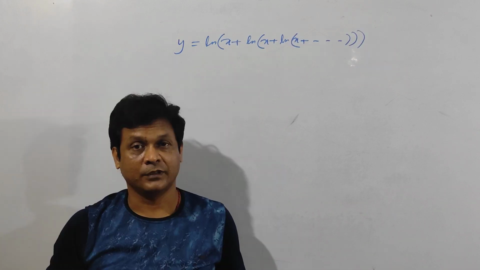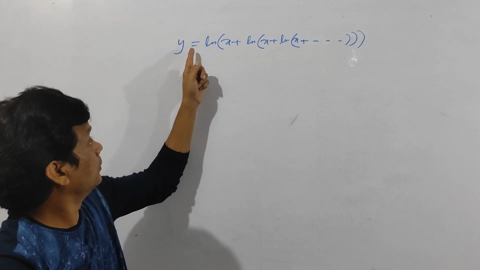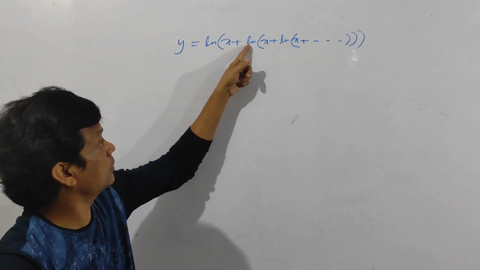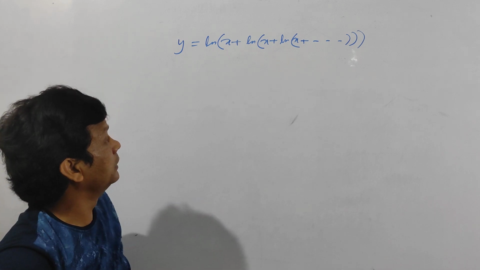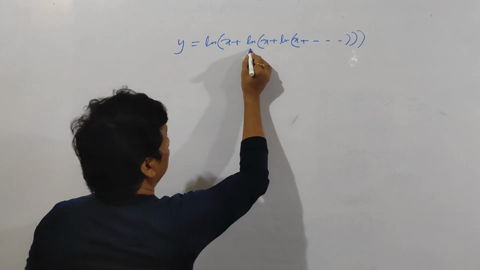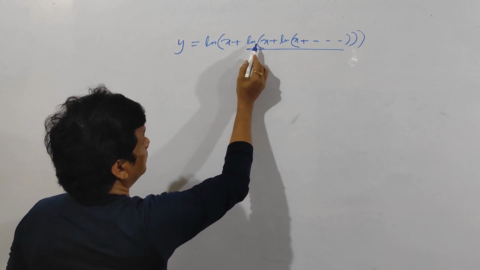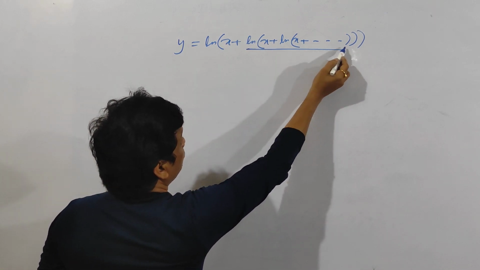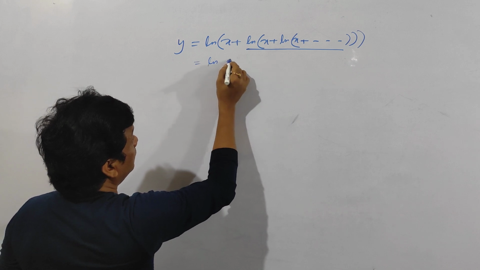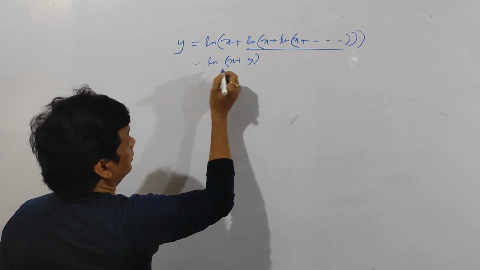Clear? See this function, ln of x plus ln of x plus ln of x plus and so on. Same thing repeats from here. Ln of x plus ln of x plus, this quantity is y. So I get ln of (x plus y). So put a bracket here.